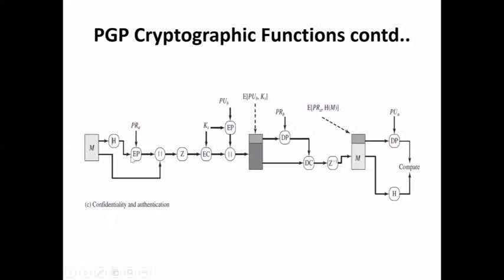That hash code is passed to the public key encryption scheme, where it is encrypted by using the private key of user A, so that user B can decrypt it by using the public key of user A. Now I append it with the original message, then pass it to the compression algorithm. After the compression algorithm, the data is now in compressed format.